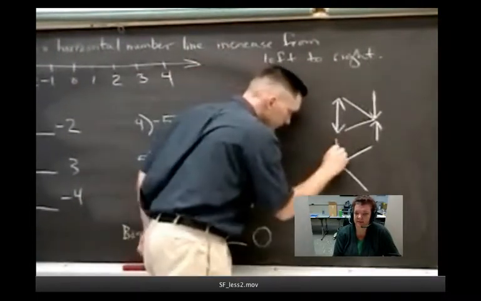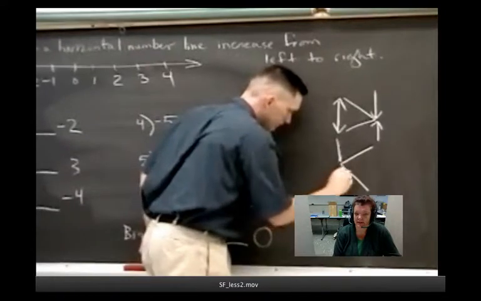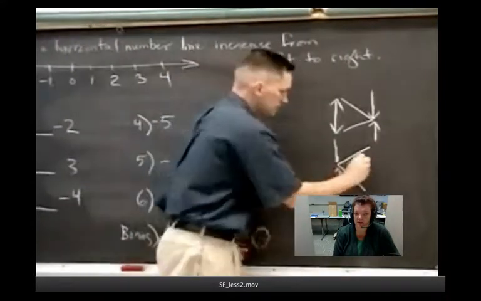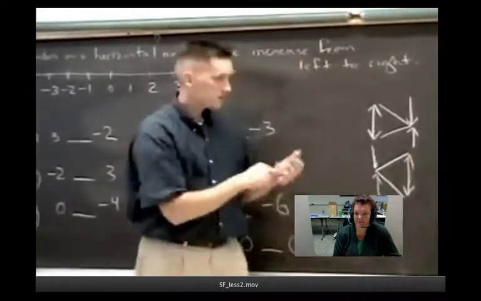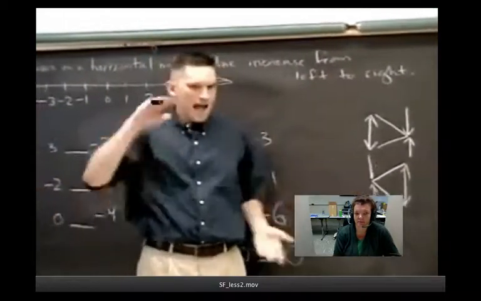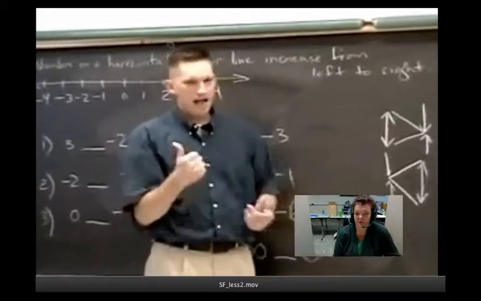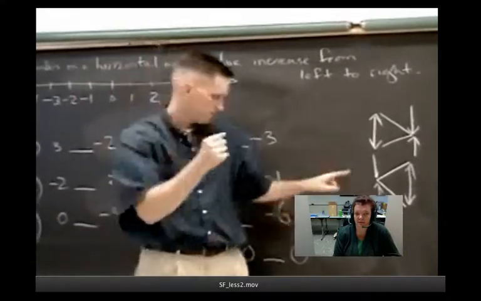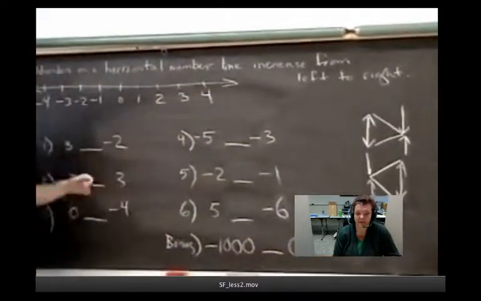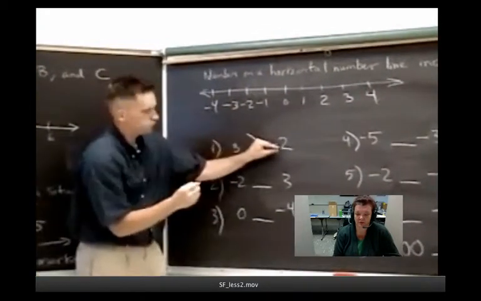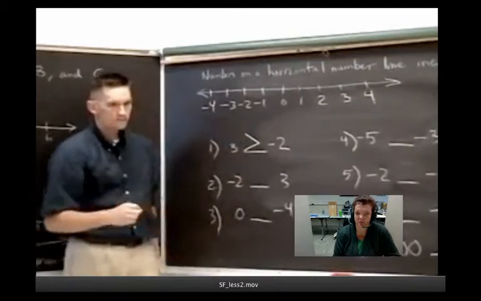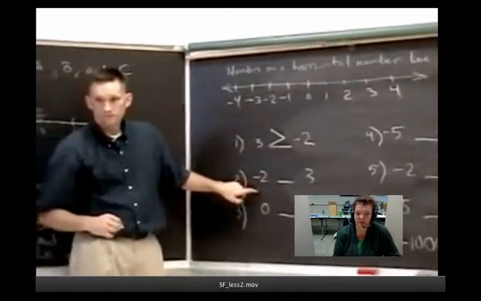Easy. Same thing here. This means on this side you're going to have the smaller number and that side is greater than. So there's greater than and less than. That'll help you remember. So 3 is bigger, so you're going to write this symbol. The smaller point points down to the smaller number.